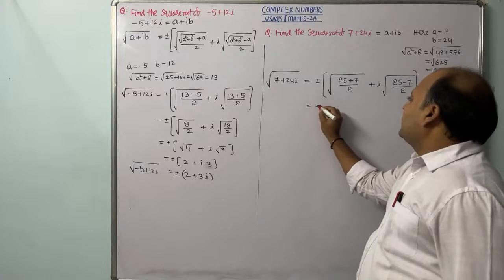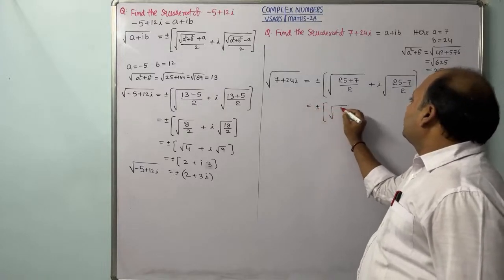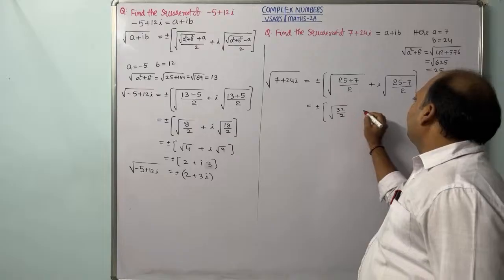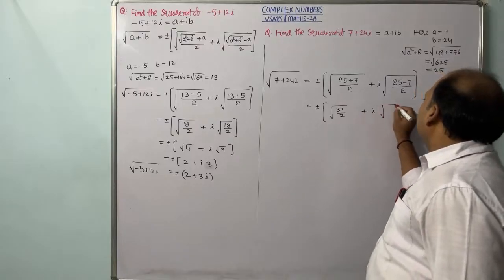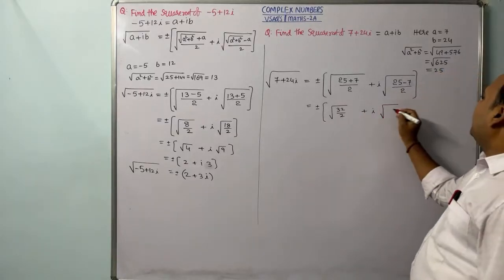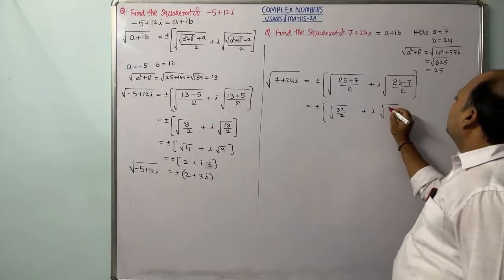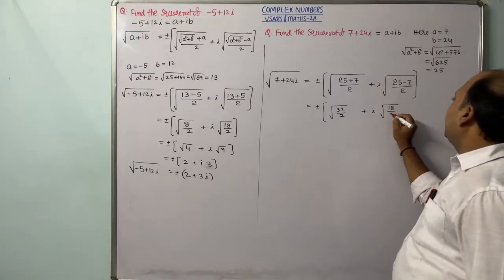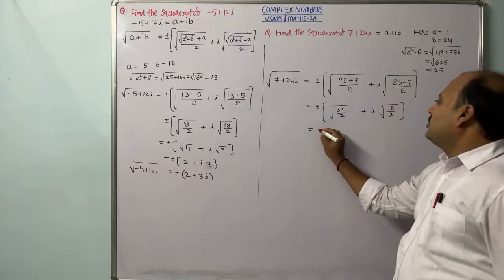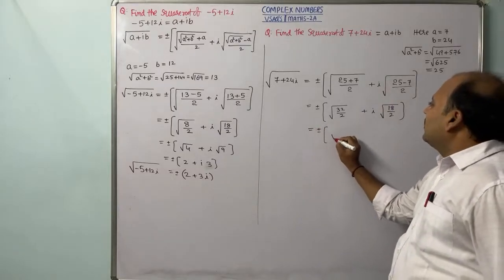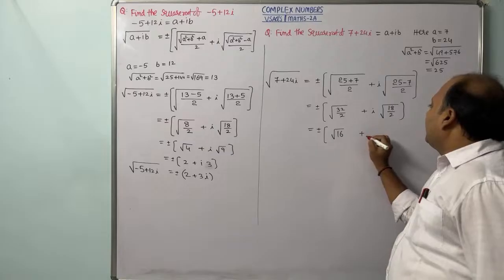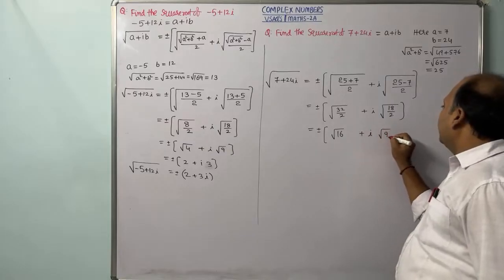So which is equal to plus or minus root 32 divided by 2, plus i into root of (25 minus 7, which is 18) divided by 2, which is equal to plus or minus root 16 plus i into root 9.